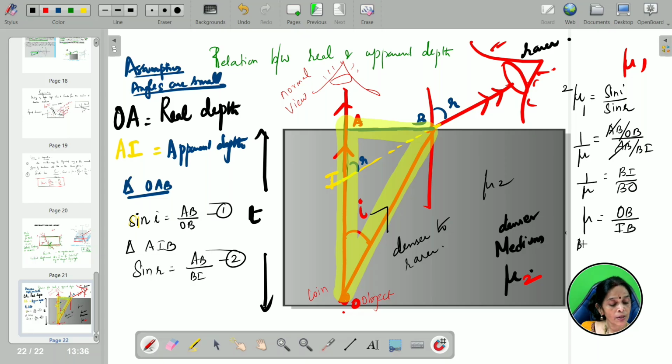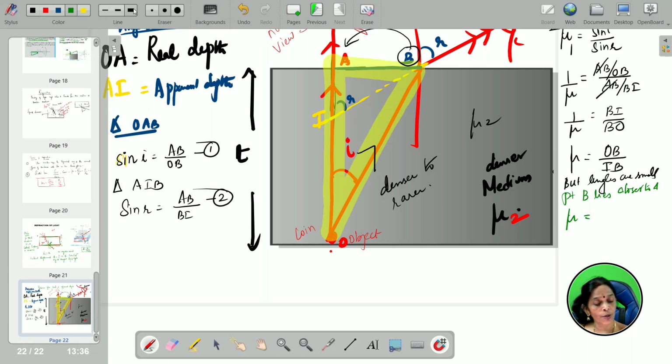But since angles are small, point B lies closer to A. So, therefore, I can simply write mu is equal to OB by IB, which can be written approximately as OA divided by IA.